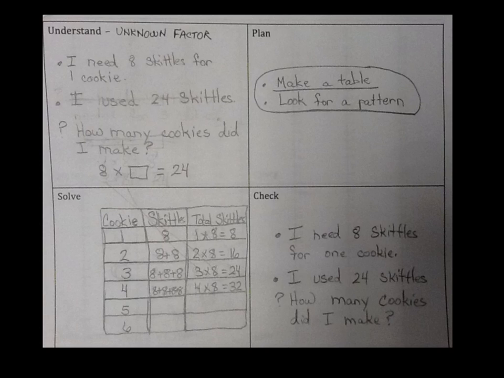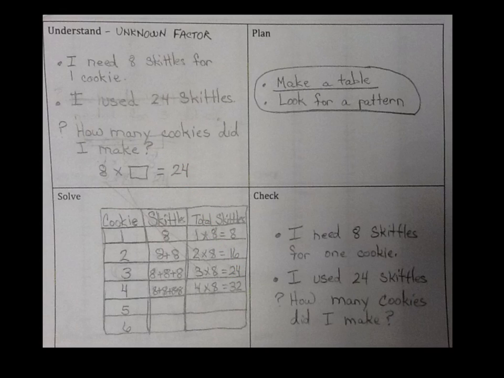And now, if I do 3 cookies, I have 8 in 1, 8 Skittles in the second cookie, and 8 Skittles in the third cookie, or 3 cookies times 8 Skittles in each cookie equals 24 Skittles, and I notice this 24 matches the 24 total here.